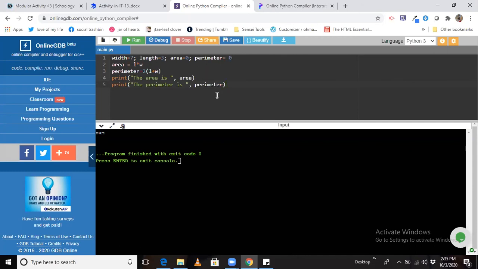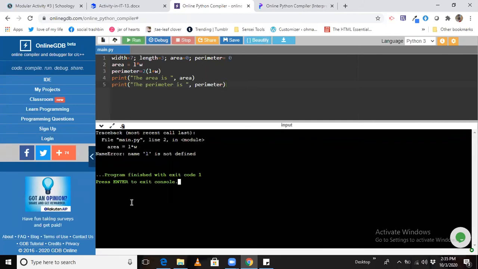Anong output nito? Katulad ba nun sa inyo? Area is 20, perimeter is 21? Actually, ang output nito is error.